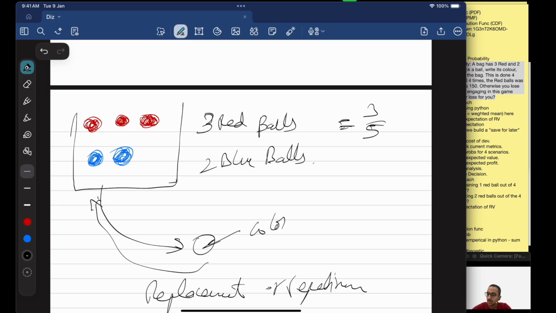The total set of balls is not getting reduced, because every time we pick one we put it back again. So it's always going to be 3 out of 5 for P of R, and P of B is always going to be 2 out of 5 as long as replacement exists.